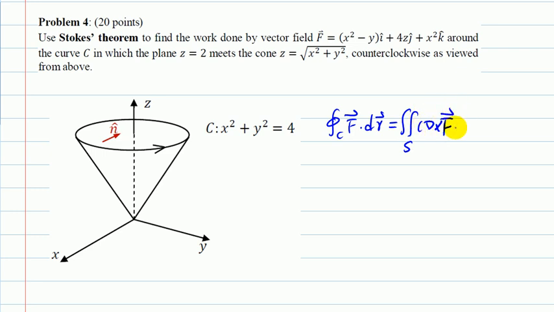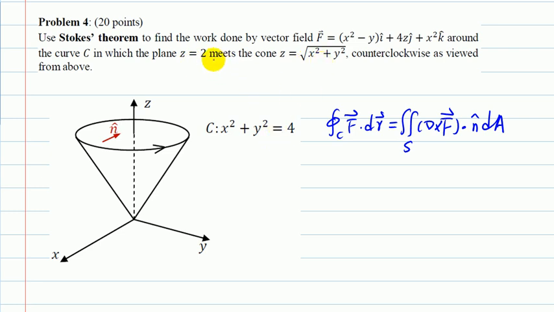So the surface integral here is this. Use Stokes to find the work done by the vector field around the curve C, in which the plane z equal to 2 meets the cone z equal to this. So this is a part of the circle where the plane z equal to 2 meets the cone.